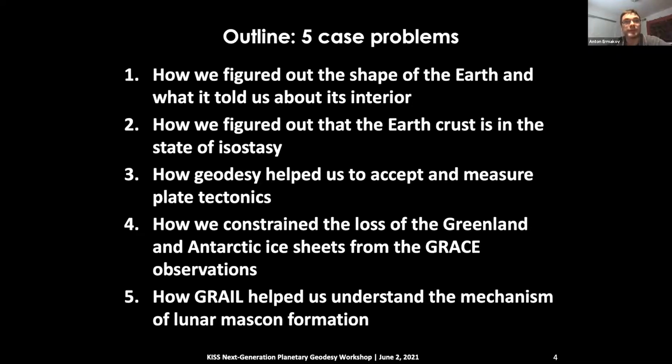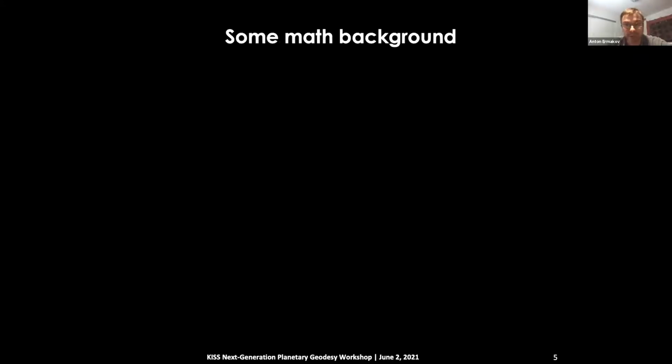Finally, we're going to discuss orbit-based measurements and how geodetic data, measurements of the gravity field, provided constraints on climate change on the Earth. And the last topic, we'll go to the Moon and look at the question of formation of lunar mascon basins and how the gravity data helped us understand the mechanism of lunar mascon formation.